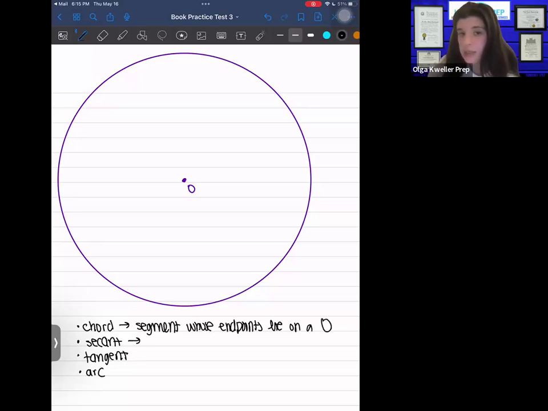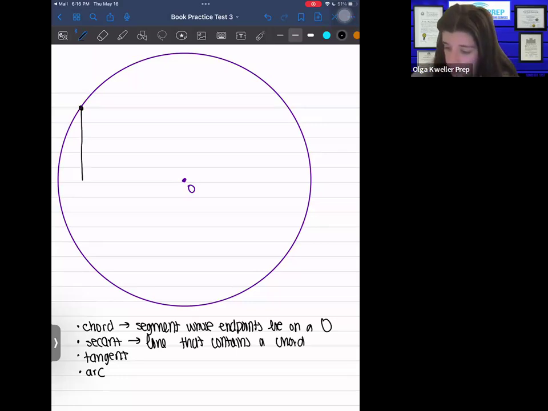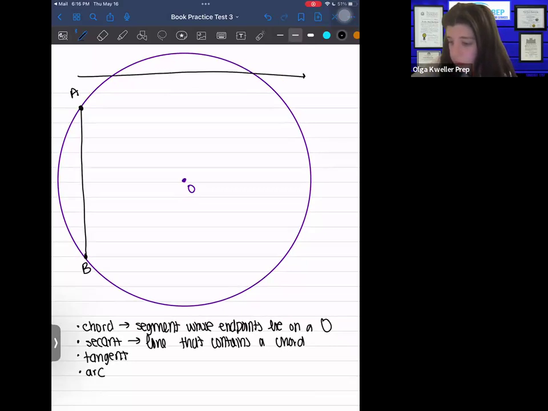A secant is a line that contains a chord. So, for example, if we have this, I call this AB, that is a chord. And then this is a secant. So chord, secant.